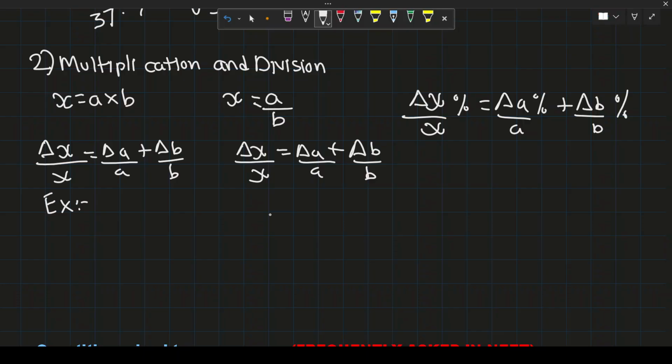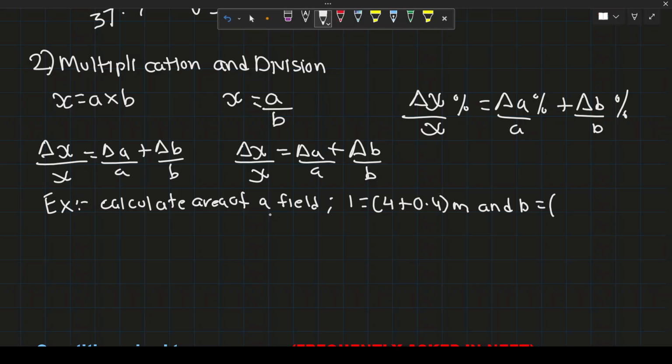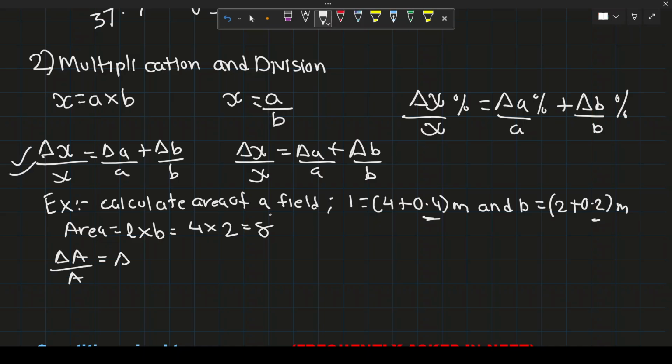Let me give you an example. Let's say they ask you to calculate the area of a field if the length is given as 4 plus minus 0.4 meters and the breadth being 2 plus minus 0.2 meters. We all know area is length into breadth, so 4 into 2 will be 8. Now talking about the errors, we'll have to use delta A by A is delta l by l plus delta b by b.